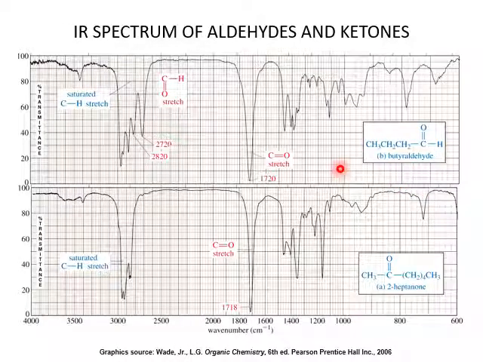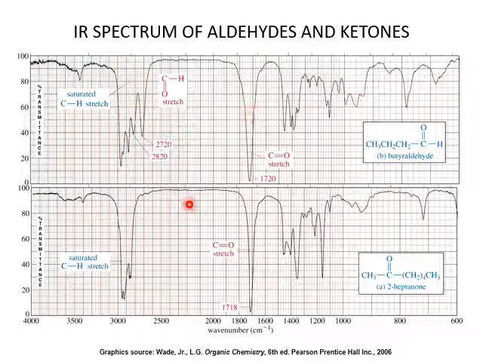About aldehydes and ketones, we will see another famous peak, a sharp and strong IR peak around 1,700. It's the carbonyl group. So when we see C=O, the carbonyl group around 1,700, the compound is definitely a ketone or aldehyde.